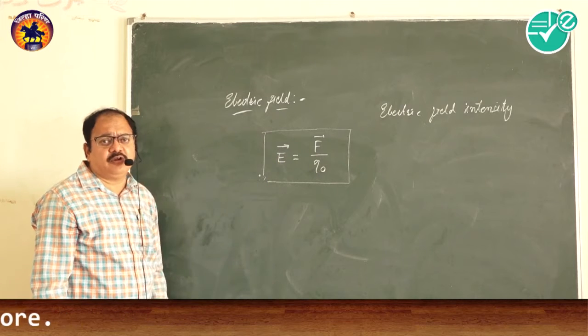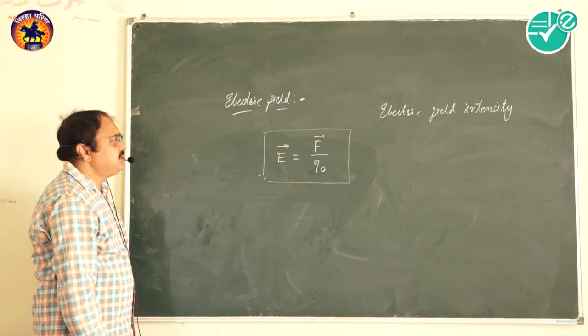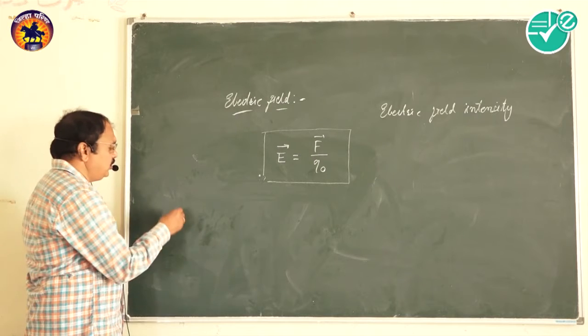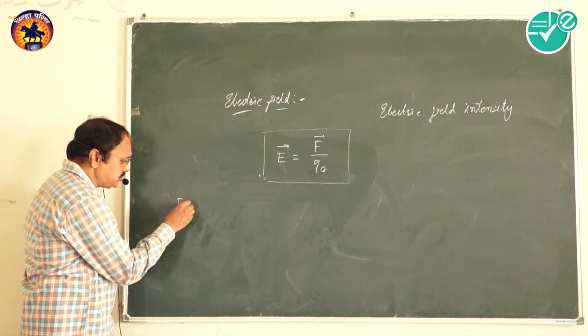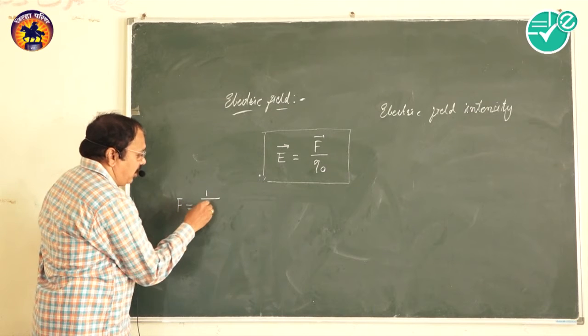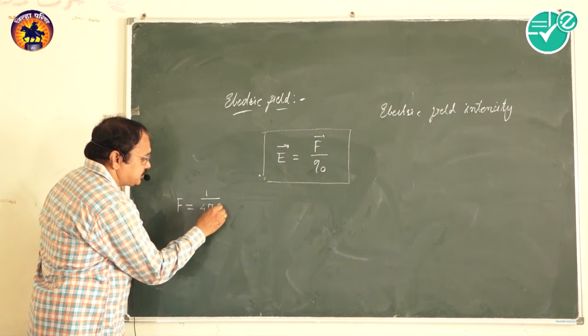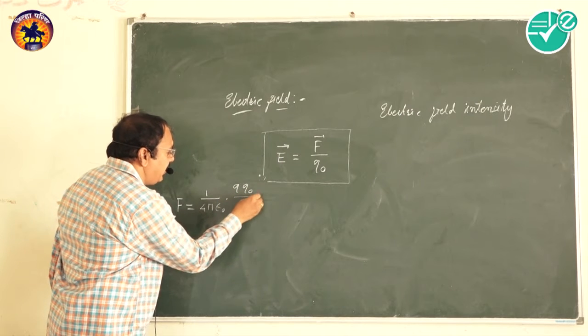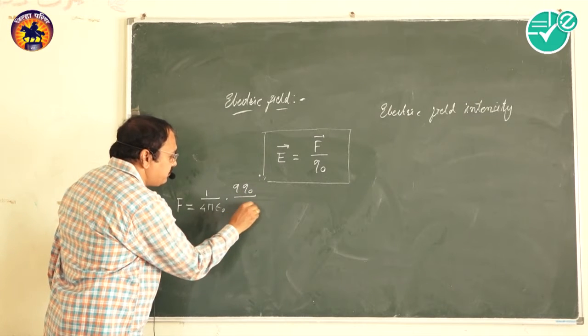We have seen what the Coulomb force is. We know that the value of force is given as F equals 1 upon 4 pi epsilon 0 into Q Q naught divided by R square.